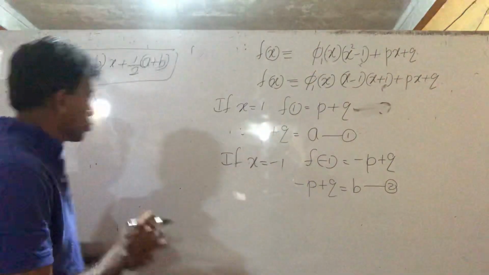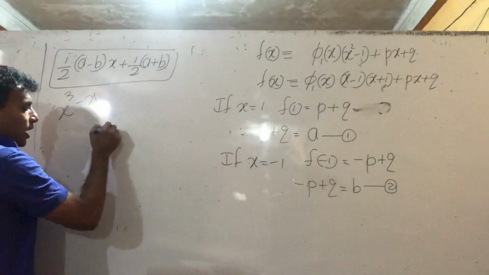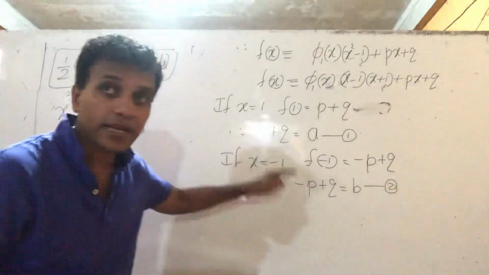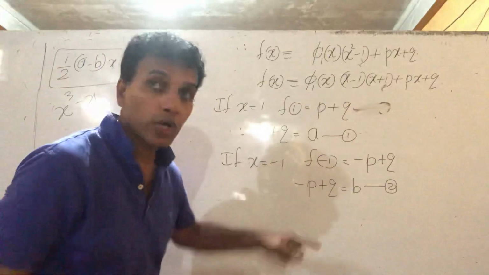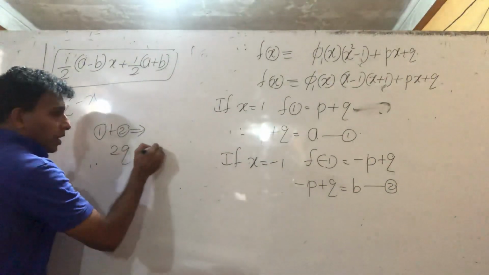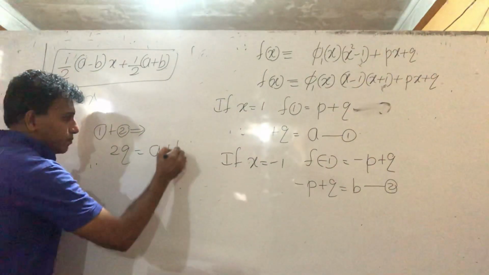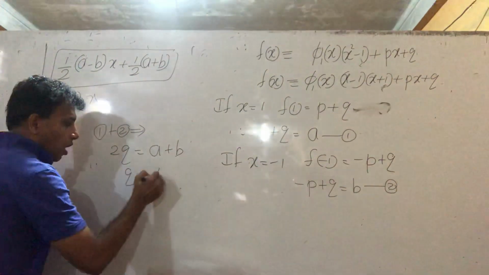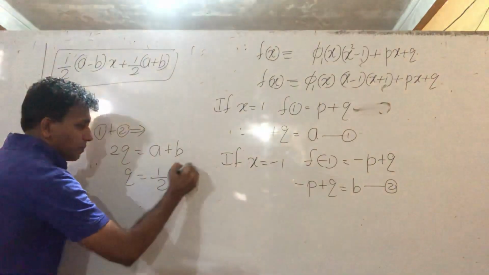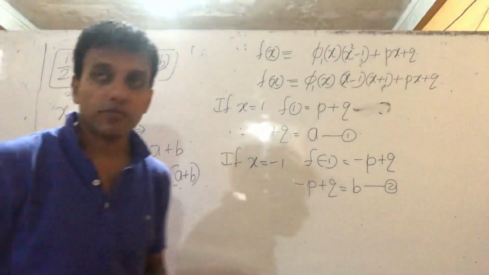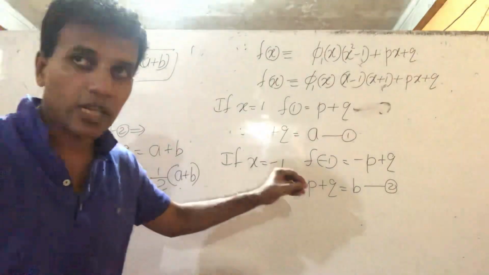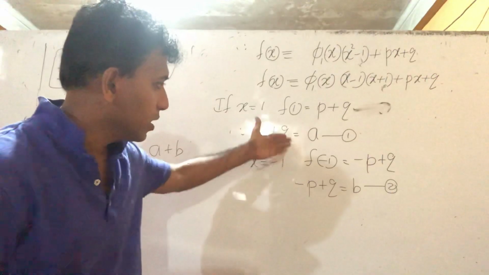If we add both, add 1 and 2, so what happened? p and minus p cancel, 2q equals what? a plus b. So q is half into a plus b. Next, find the p value. You can substitute, otherwise there is an easy method here.